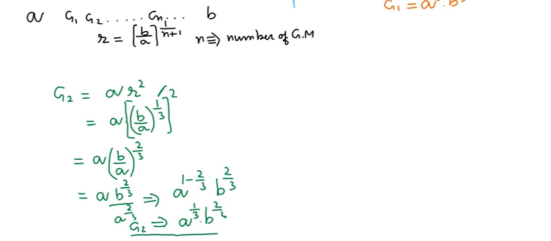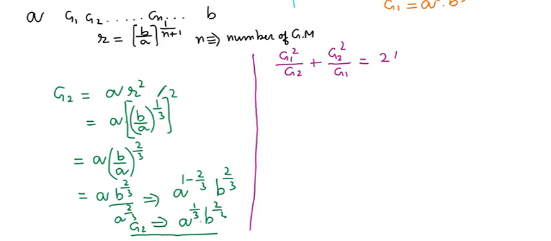Now see what we have to show. We have to show G1 square upon G2 plus G2 square upon G1 is equal to 2A.